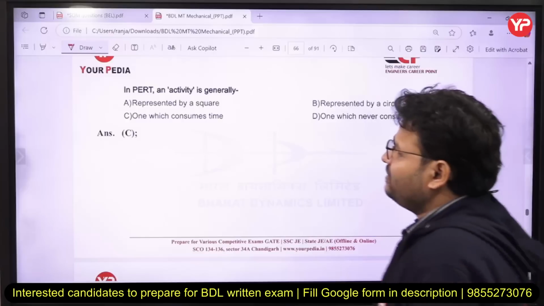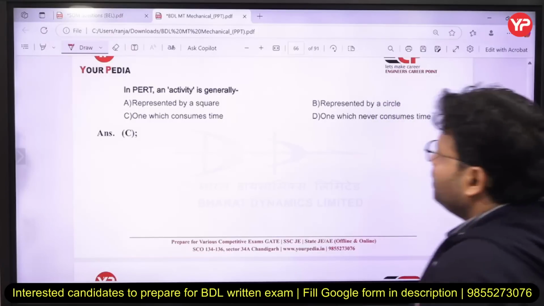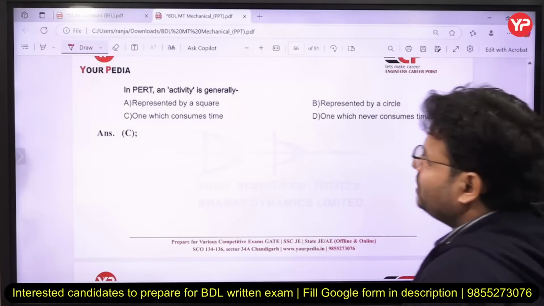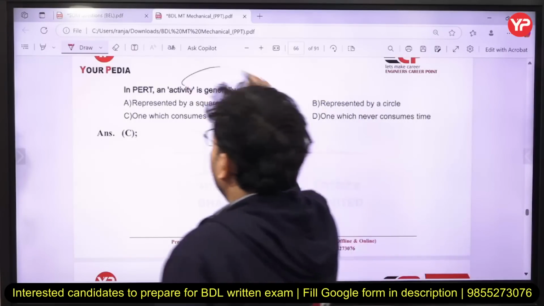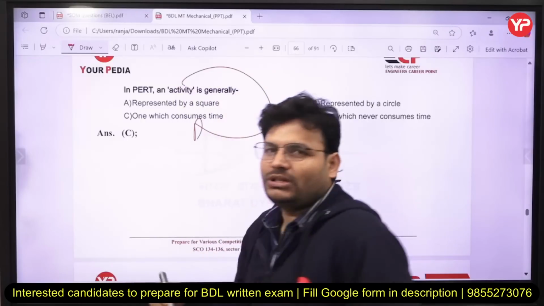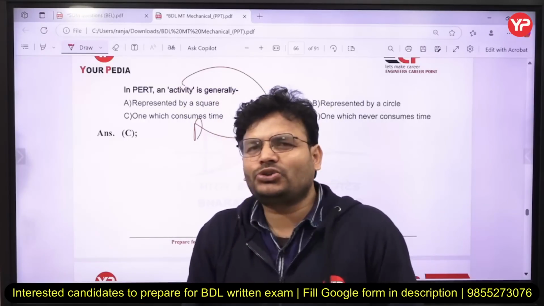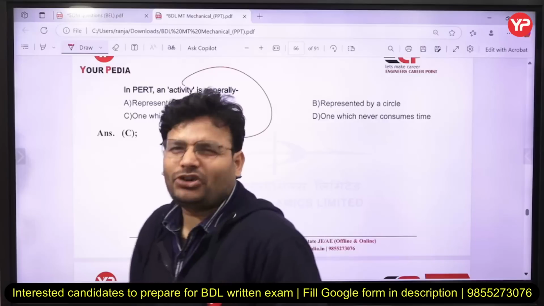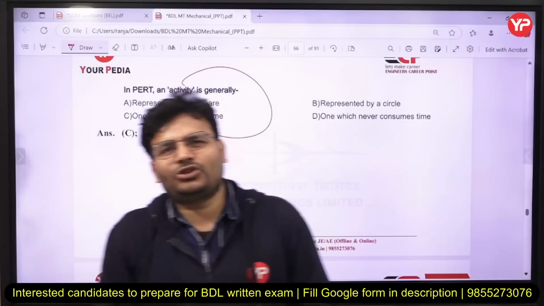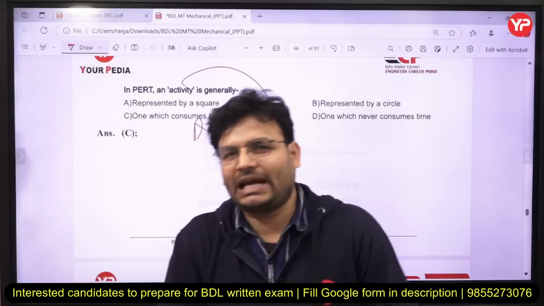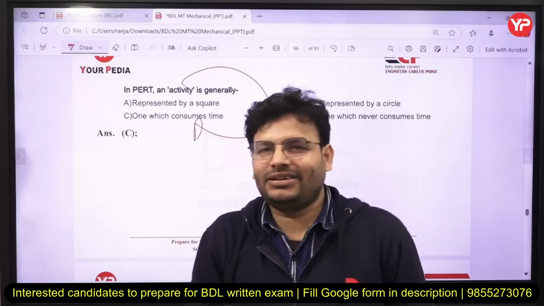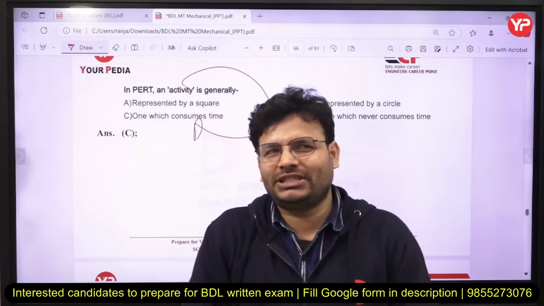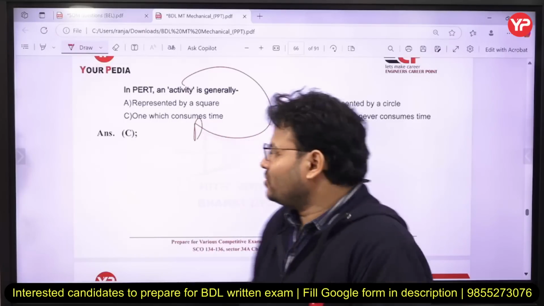Next, in PERT, an activity is generally represented by square, represented by circle, one which can consume time. My dear friends, an activity is something which is used to consume time, or sometimes you are going to say resources. Resources can be time, money, manpower, those all are resources. So in PERT, if you talk about activity, obviously it will take time, money, so in one word we can say it consumes resources.